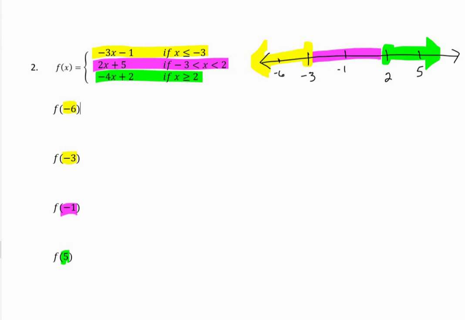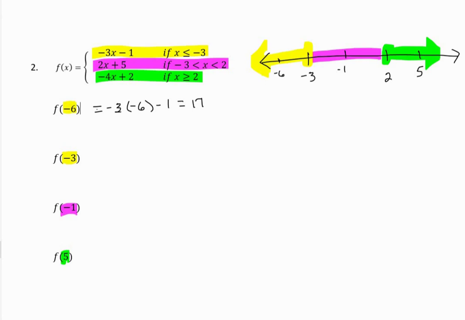So you put -6 into the function. You are putting it into this part up here that's going to give you -3 times -6 minus 1. And that's 17.